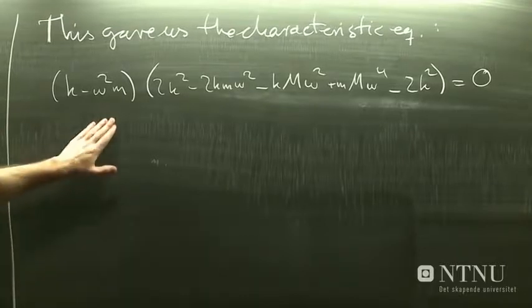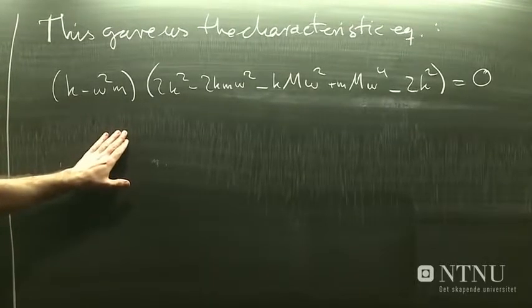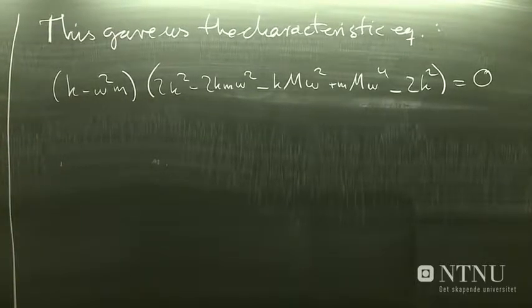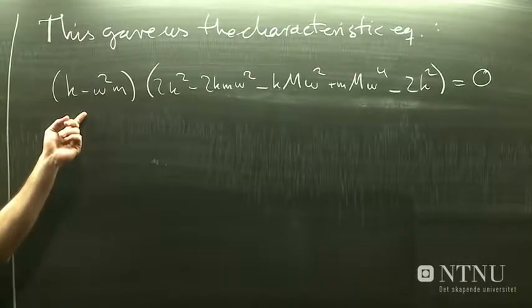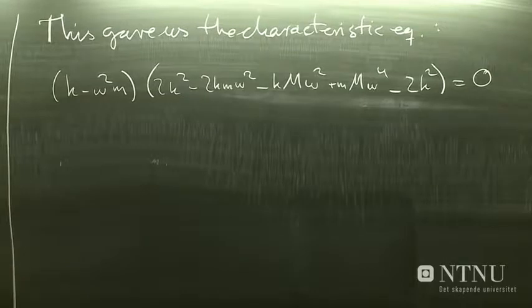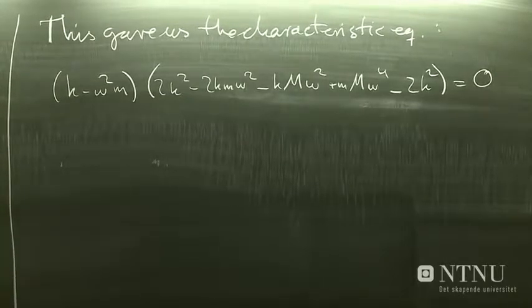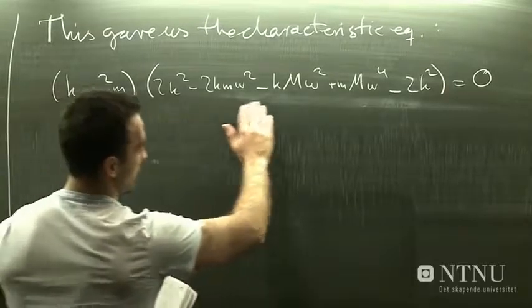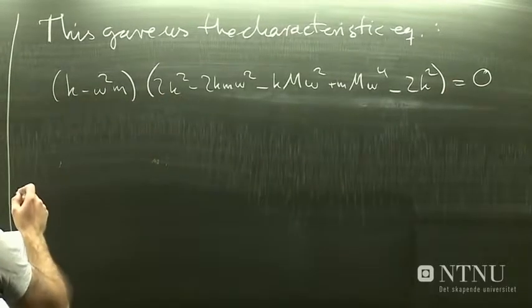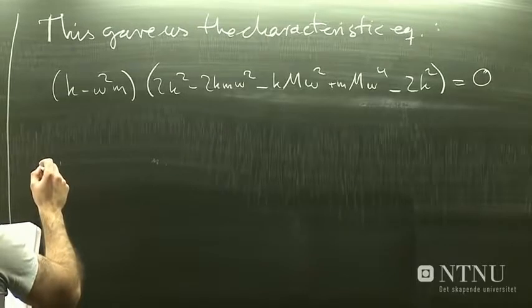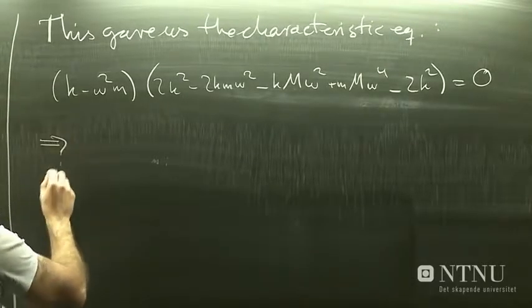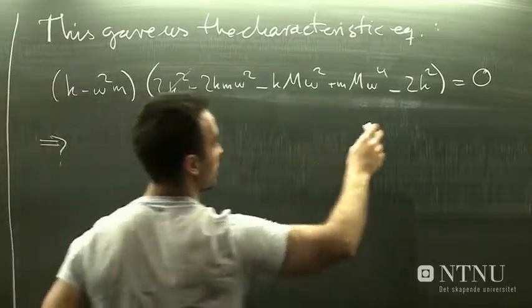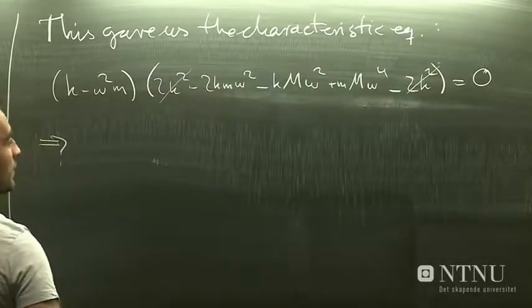So writing it in this form, we can immediately identify at least one solution. And that is if this factor vanishes. In other words, if omega squared equals k over m. But then we also have this term. And we can simplify it like this.